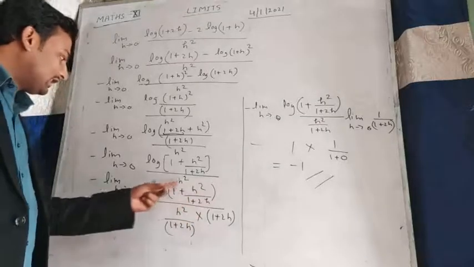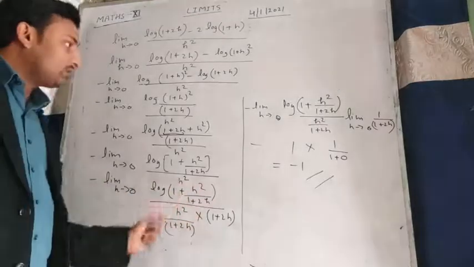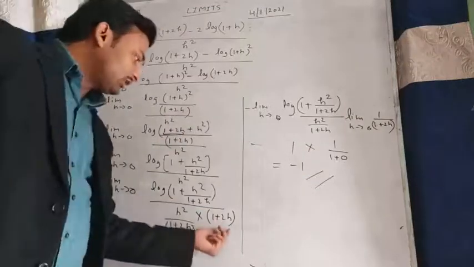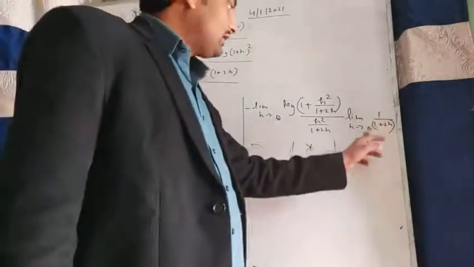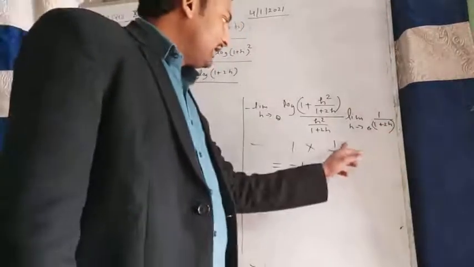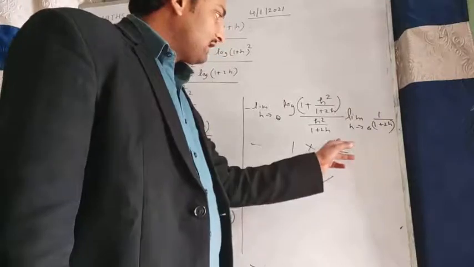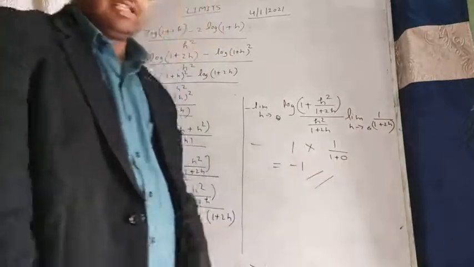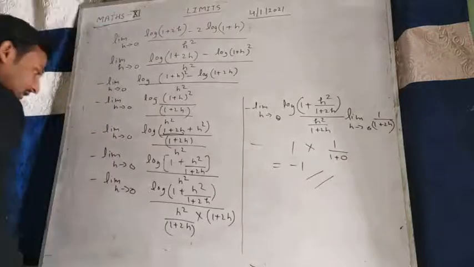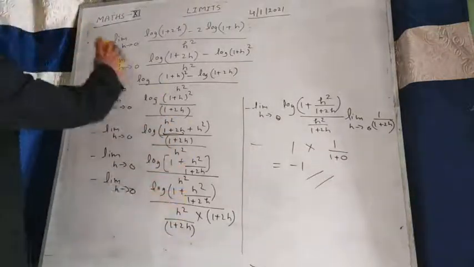Now we are seeing that this part is equal to 1 and we are taking the limit with also this part, which is limit h tends to 0 1 by 1 plus 2h, student. So this part will be 0 here and this is 1 by 1. So the result will be minus 1. I hope you understand, students. Let's see another question.